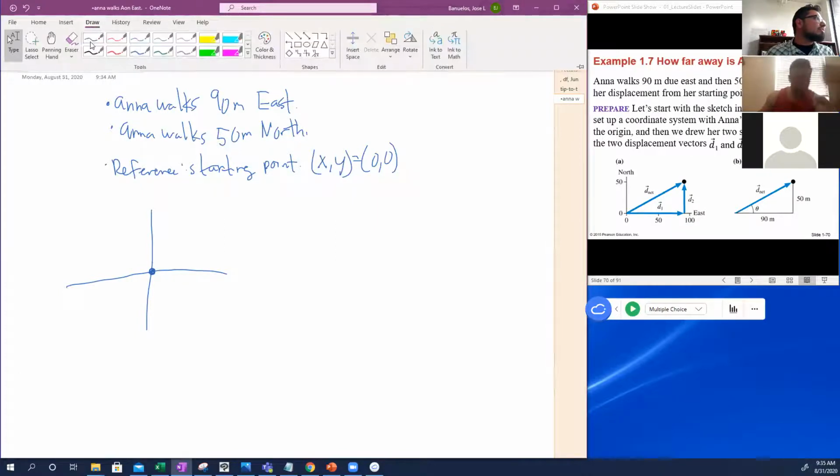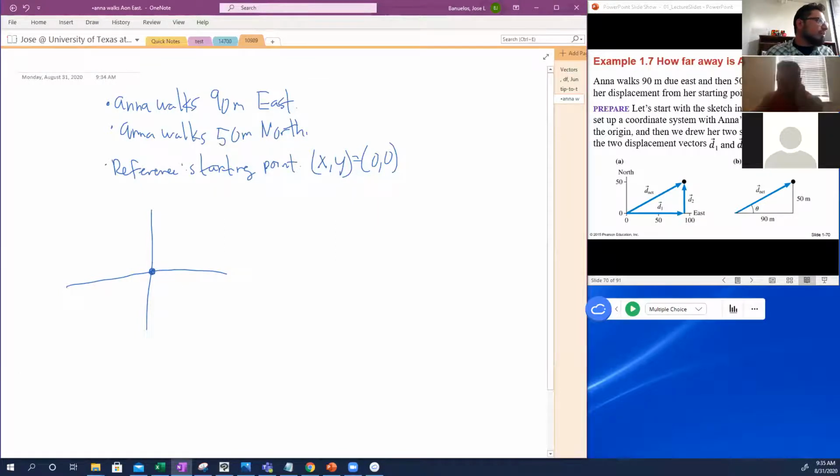We have to make a definition of what's north, east, and west. In this example, north is up, south is down, west is to the left, east is to the right. Because she walks 90 meters east, we draw an arrow that goes some amount that is supposed to be 90 meters to the east.